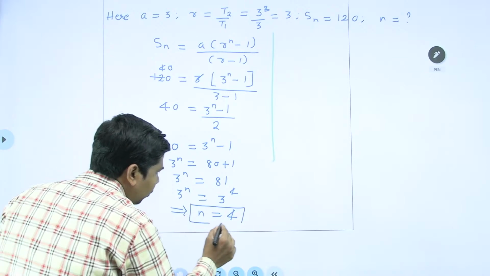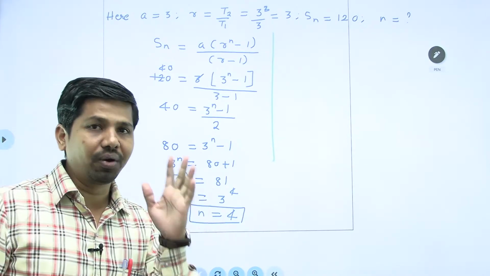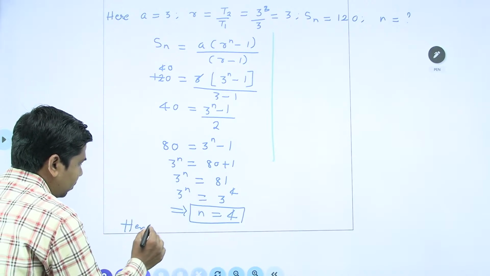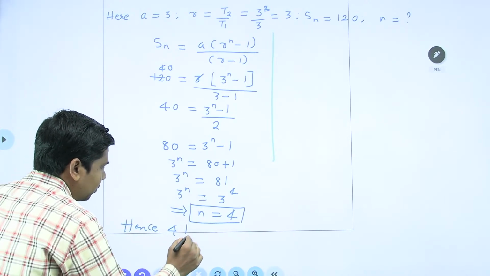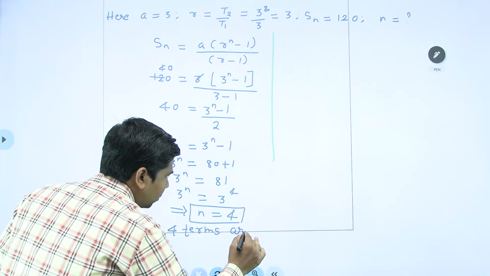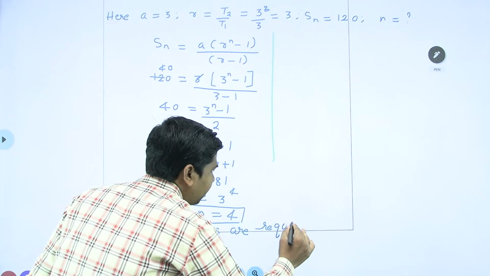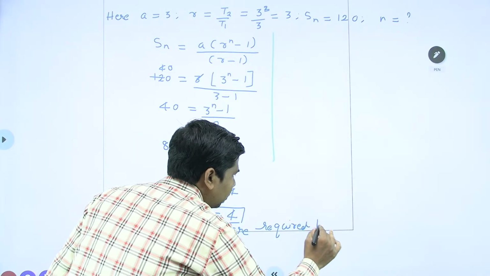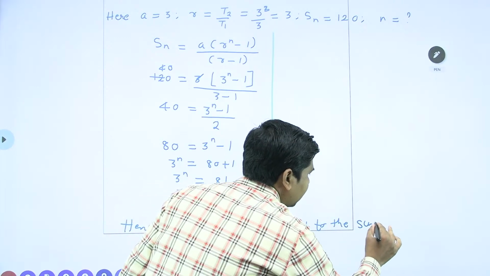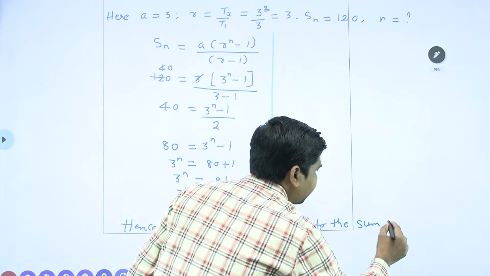Hence, 4 terms are required to give the sum as 120.